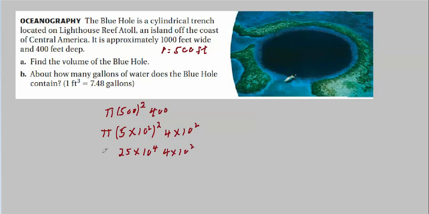And this is all times pi. 4 times 25, that's 100. We'll put the pi out there first. And 10 to the 4th times 10 squared is 10 to the 6th. So that's going to be pi times 100 with 6 zeros after it.